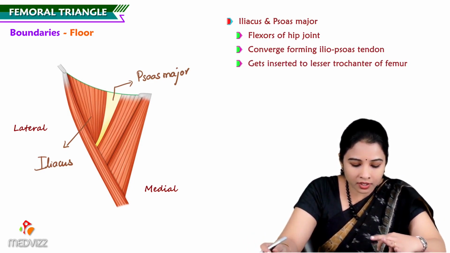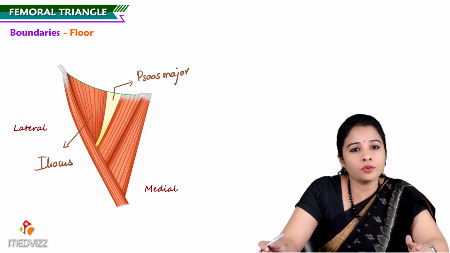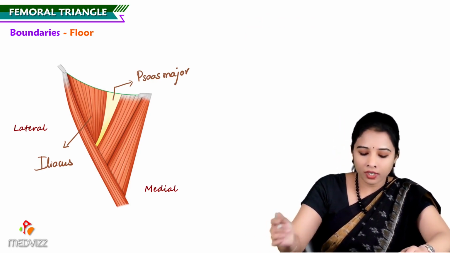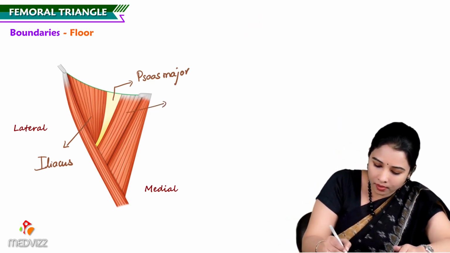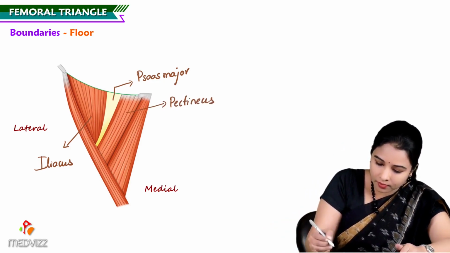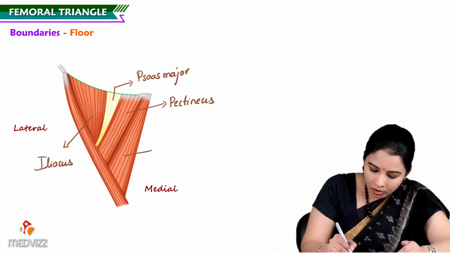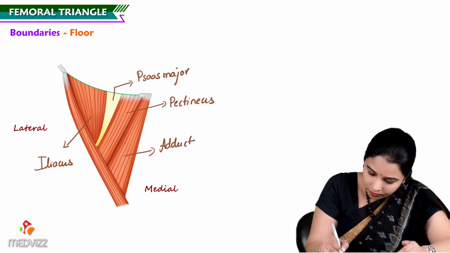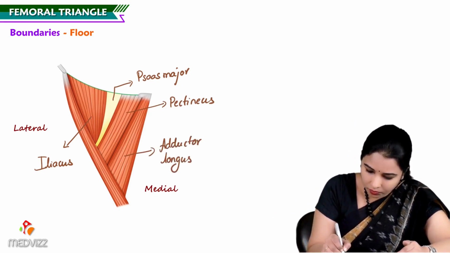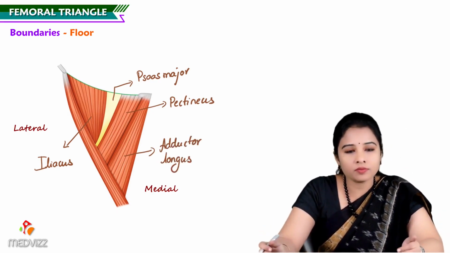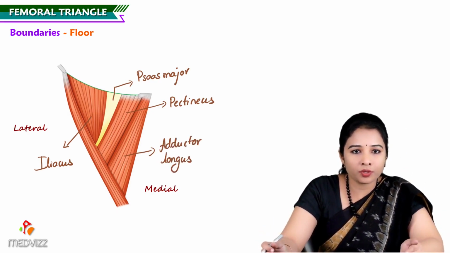So both are together forming the lateral side of the floor of femoral triangle. So next is the pectineus, and medial to the pectineus is adductor longus. So these are the muscles forming the floor of femoral triangle.